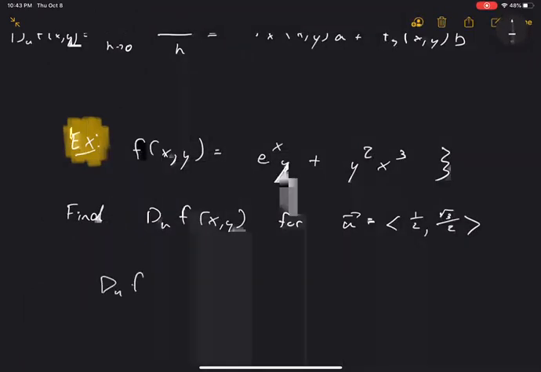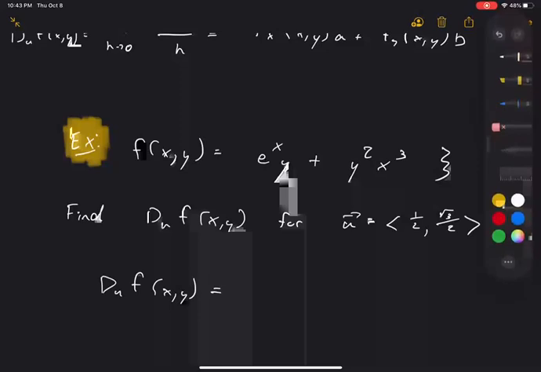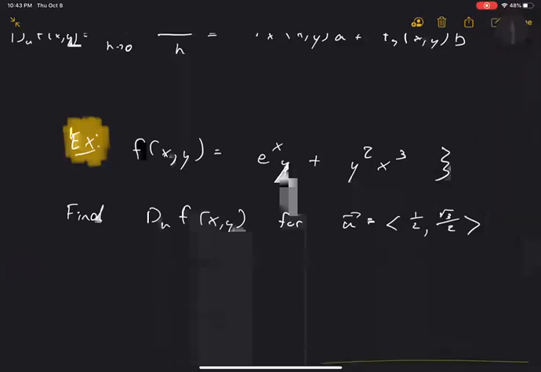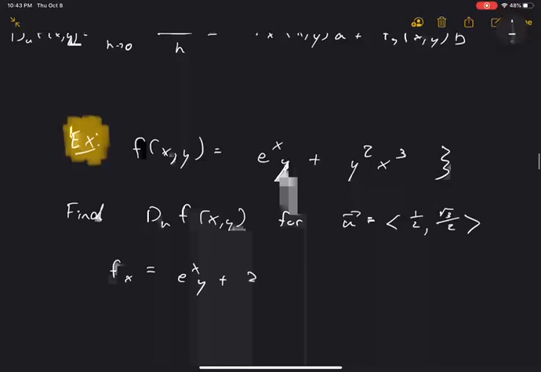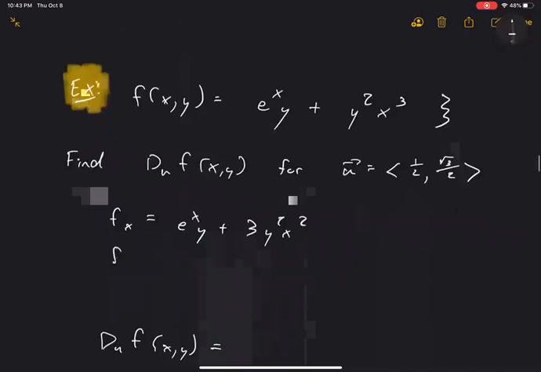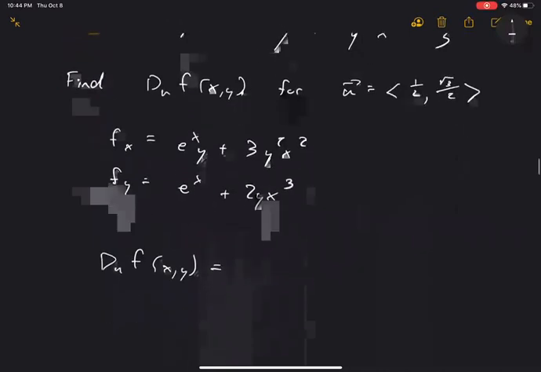Okay. So D u f of x, y is going to be, well, I need to find my partial derivatives, right? Okay, so let's find f sub x. Well, what's f sub x? It looks like it's going to be e to the xy plus 3y squared x squared, right? And then what's f sub y? Well, that looks like it's going to be e to the x plus 2y x cubed, okay?